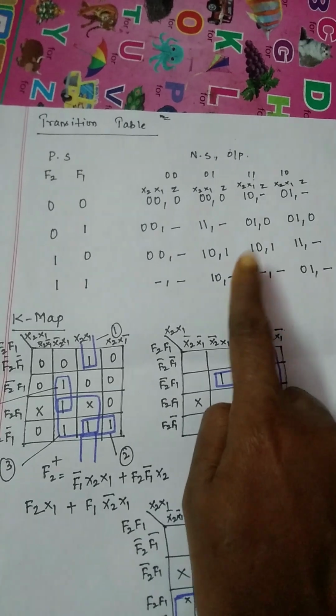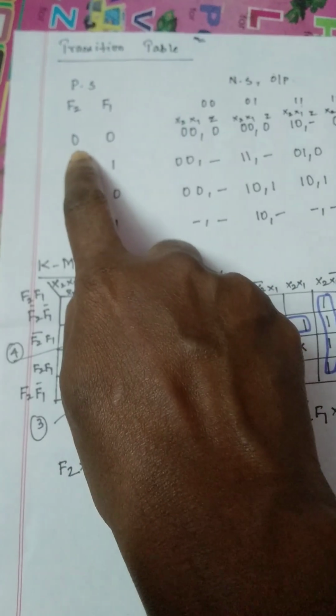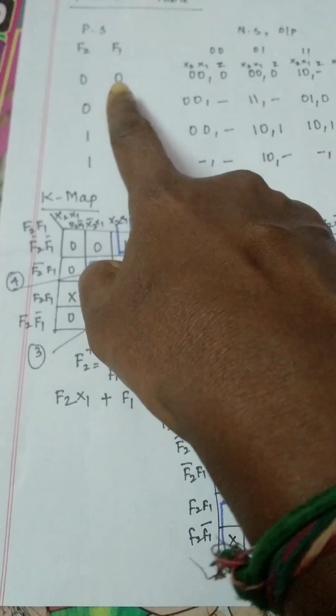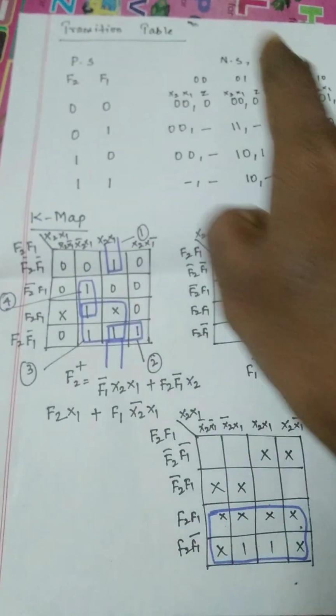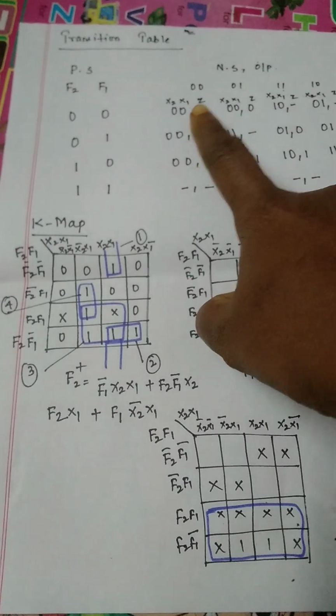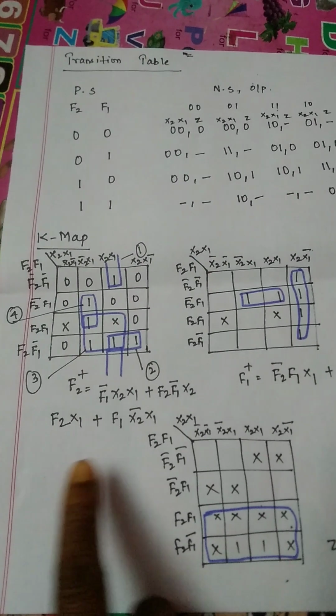Now by using this, we are going to do the K-map. If you see this, F2, F1, and this is X2 and X1. Your output is Z. Here we are going to find the answer for the next state, F2 plus and F1 plus.